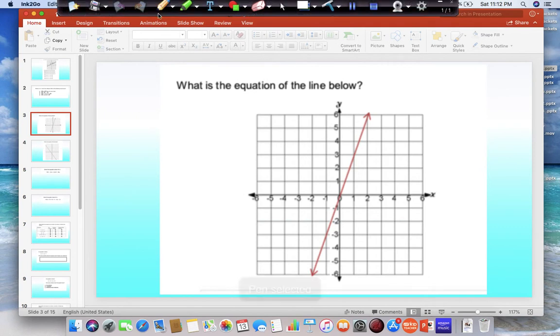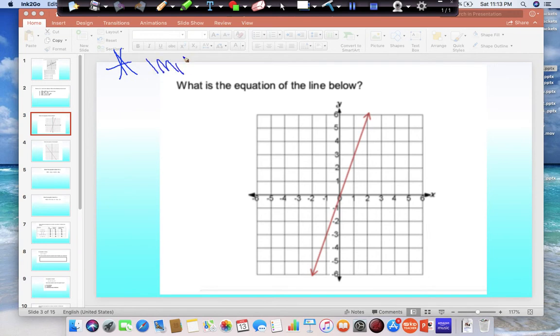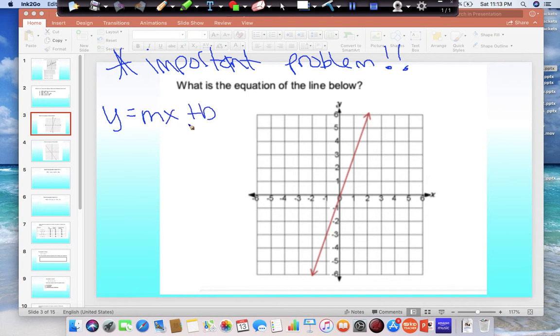Okay, the next one is asking for the equation for the line below. This problem and others like it are very important. This is going to come up quite often on FSA. Important problem. So focus on this one. We want to make sure that this is in y equals mx plus b form. This is slope-intercept form. Our m stands for our slope.